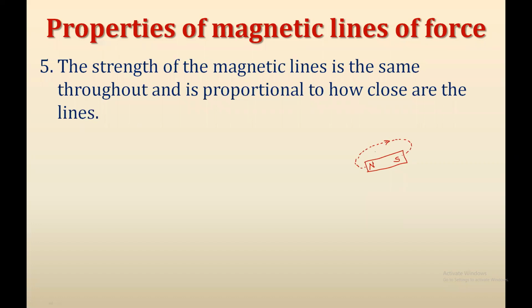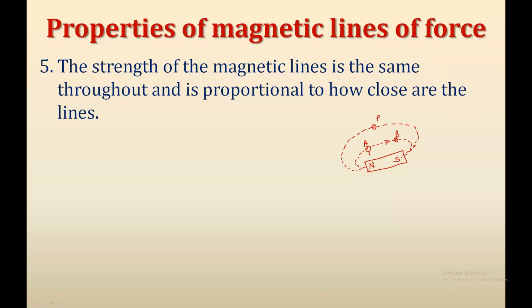Is it right? If you consider any point on this line, suppose this is point A and this is point B, the force acting on points A and B by the magnet is the same, because these are points on only one magnetic line of force. But if I consider another magnetic line of force and a point P on that second line, what is your observation?